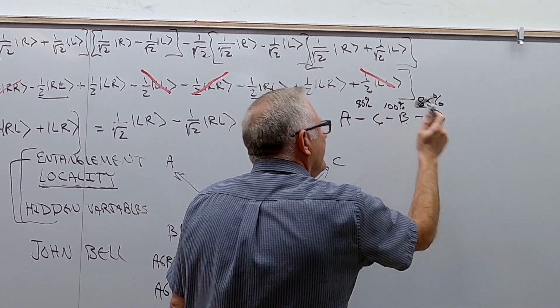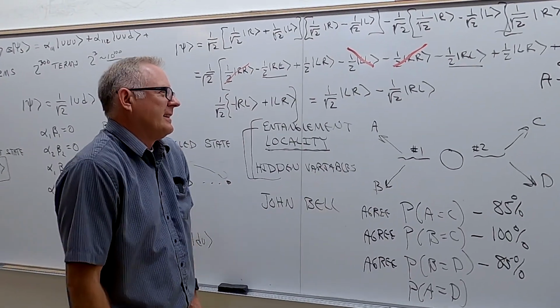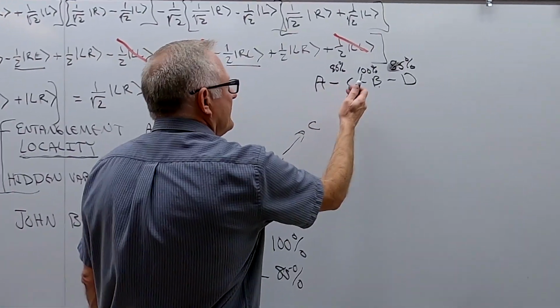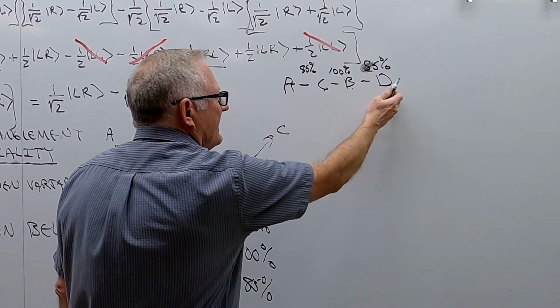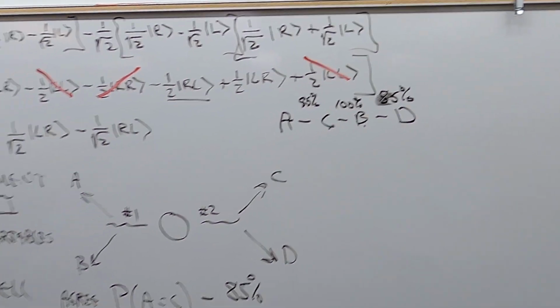So A and D must agree quite often, just by looking at that. If A is going to agree with C, and C agrees with B 100%, and B agrees with D 85%, then A is going to have to agree with D quite often.